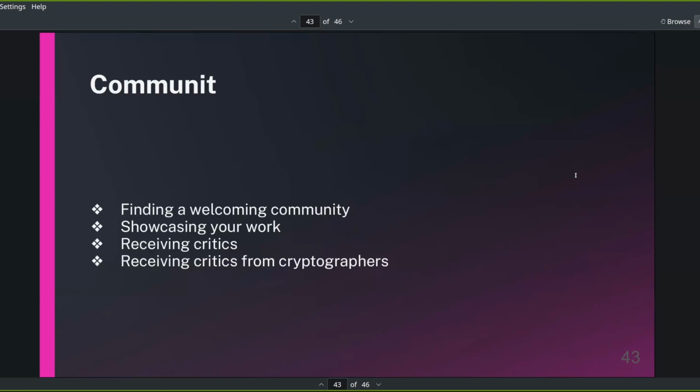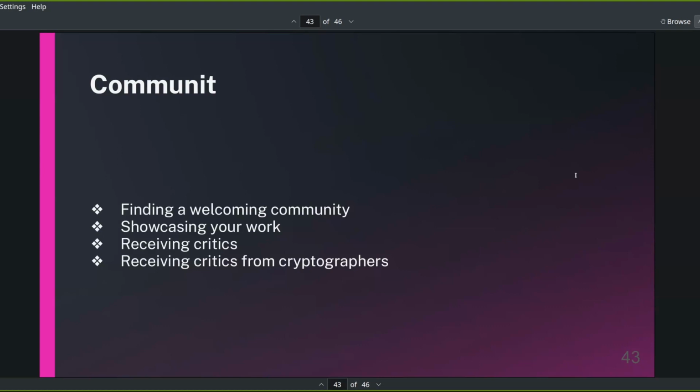If you misrepresent things, you might get critics from cryptographers. And if you search for crackpot cryptography, you'll see some examples even on the IETF mailing list for standardization, people thinking they have new protocols and getting shut down really hard.